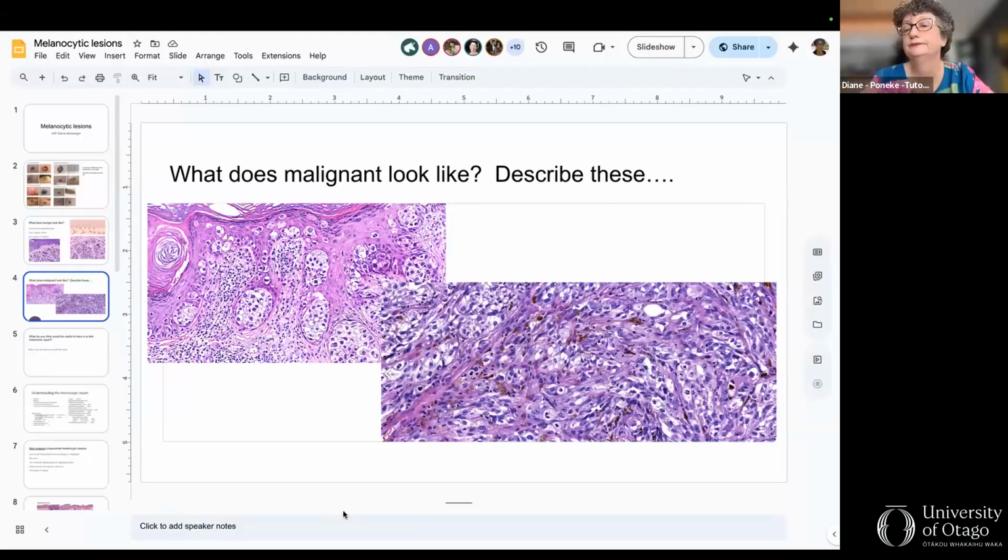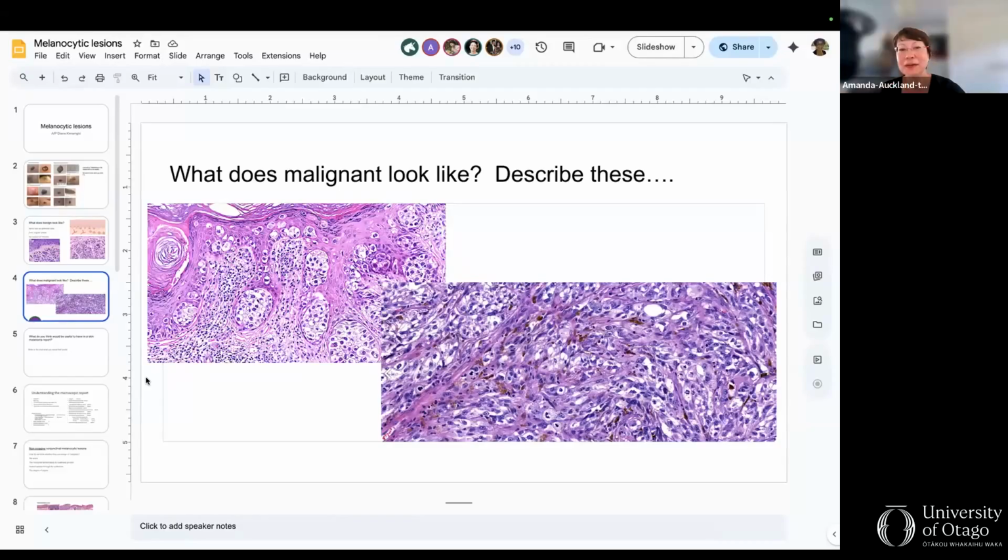All right, press go. Many of them are there, what you said, but that wasn't the key feature I was hoping for. Have another go. It begins with P and it's not pleomorphism.